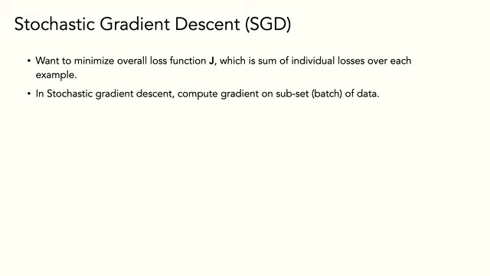So instead, in stochastic gradient descent, you assume that taking the gradient over some subset of your data is a reasonable approximation to taking the gradient over the entire data set. Here you compute a gradient on a subset of the data at any given point, and we call this a batch. If your batch size is 1, you would update your parameters after seeing every single example in the data set.